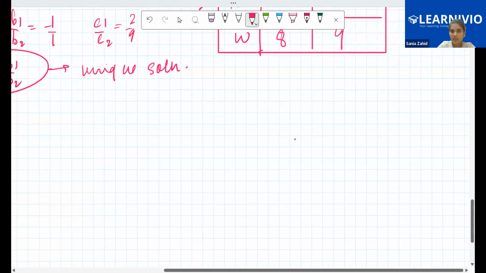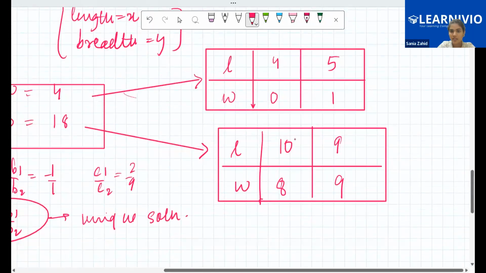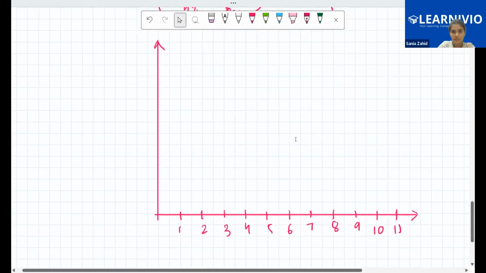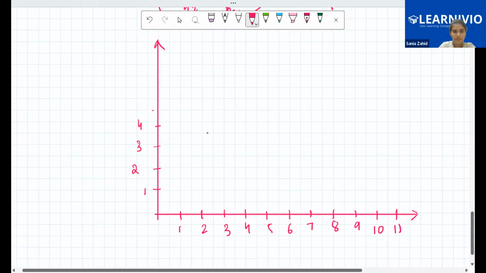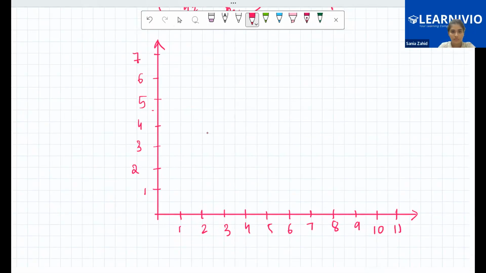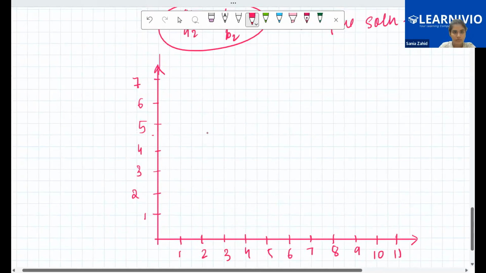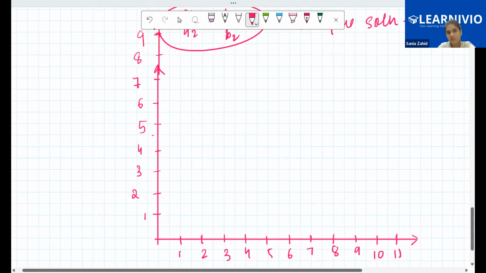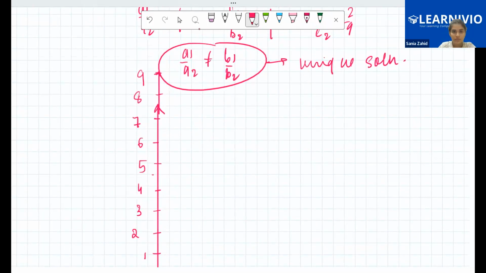Let's draw one extra. And then the highest value for y is 9.